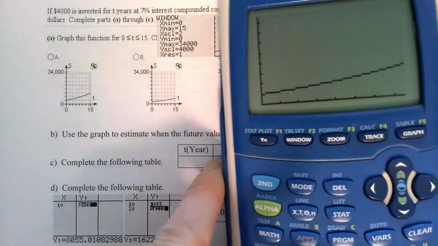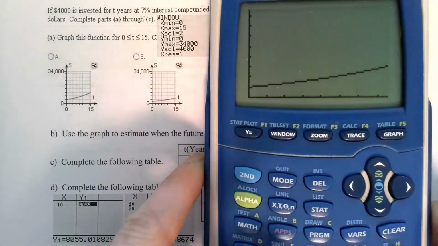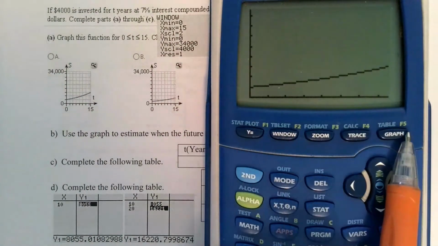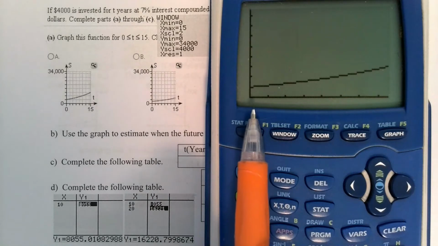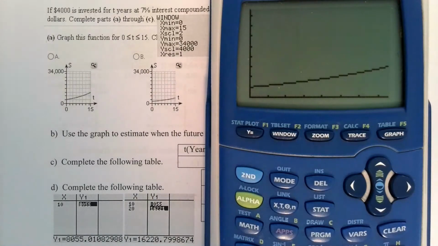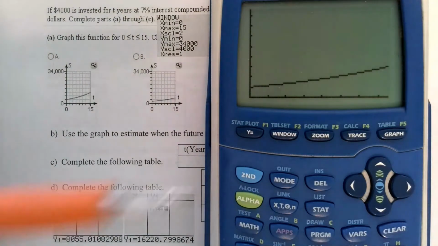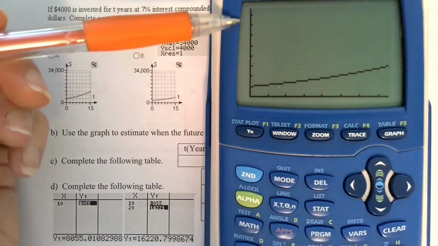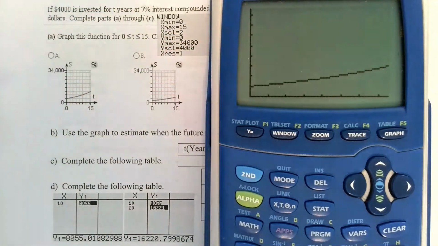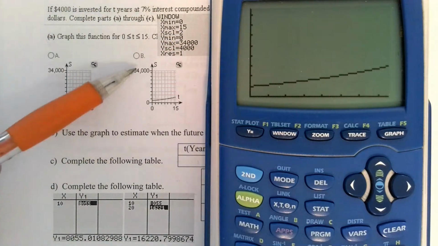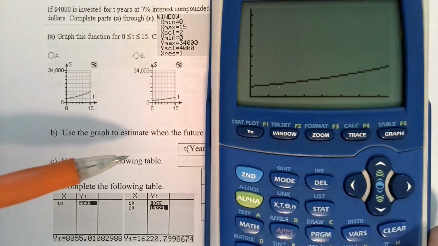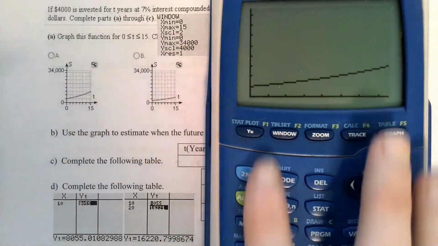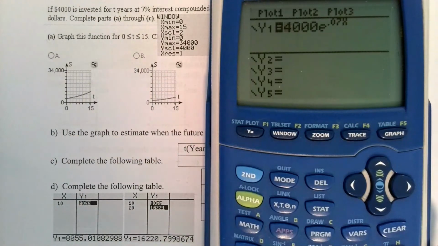This is the current window that I'm using: from 0 to 15 for x, with the tick marks every 2 units apart, and 0 to 34,000 for y, with my tick marks 4,000 apart. I chose this because this looks like what MyLabs Plus is using. I wanted my graphs to match MyLabs Plus graphs. So here's the graph I've got in my calculator.